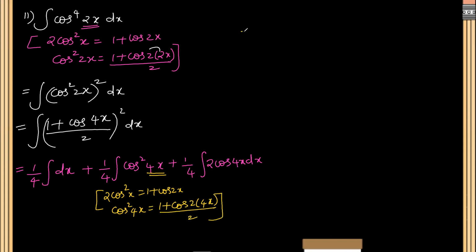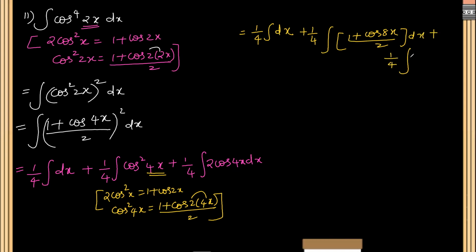That integral becomes 1 by 4 into integral dx plus 1 by 4 into integral of, in place of cos^2 4x, (1 plus cos 8x) by 2 dx, as inside the argument it becomes 8x. The last term remains as it is: 1 by 4, into this 2 also we can take it out, that becomes 2 by 4 integral cos 4x dx.